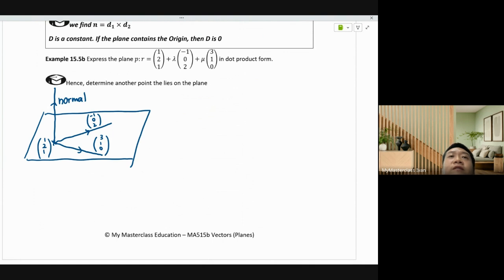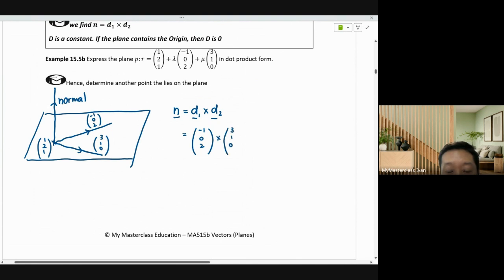Listen, guys, please listen, please. Okay? So a normal is always take two directions, cross each other. Okay, so remember our cross product. Cover the first row, 0 times 0 minus, so 0 minus 2. Cover the second row, put a negative first, or downward cross 0 minus 6.